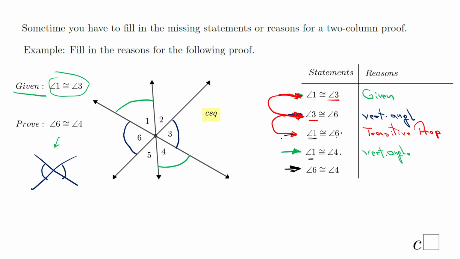So from these two statements we can get this one by using, again, the transitive property. And that's it. You notice the sequence of statements and the reasons for those statements allows me to go from what is given to what we need to prove.